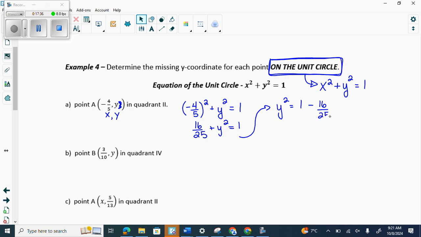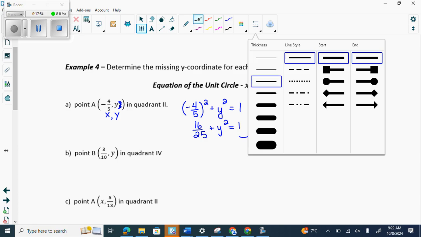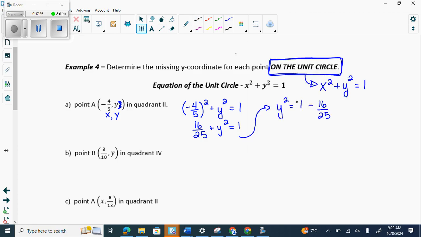Now in order to do fractions, I need common denominators. So I can turn a 1 into what over 25? 25 over 25 is just 1, right? When you divide itself. So this could change to a 25, technically over 25.